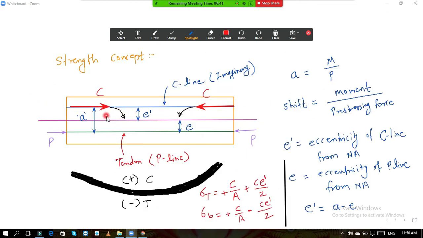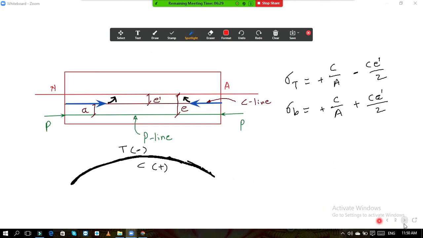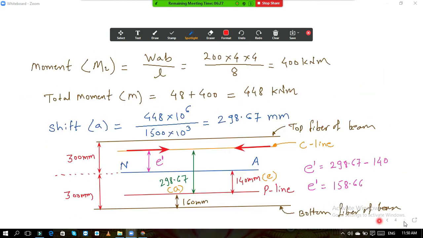When your C line is above the neutral axis, then C by A plus C E dash by Z is at top. So here our formula, now I will implement it. Here we will get directly the stress.